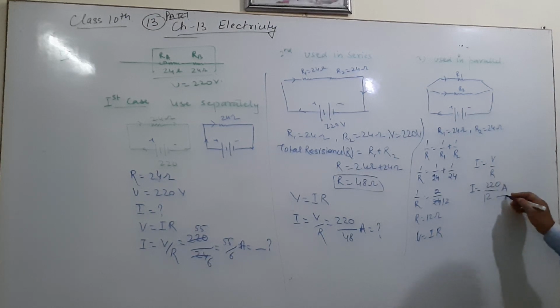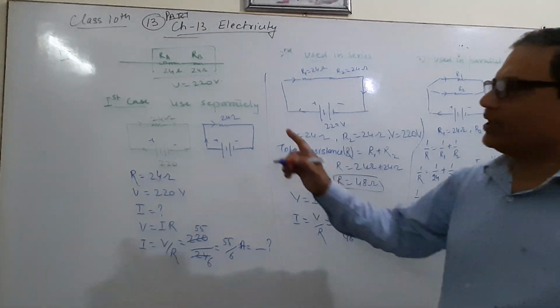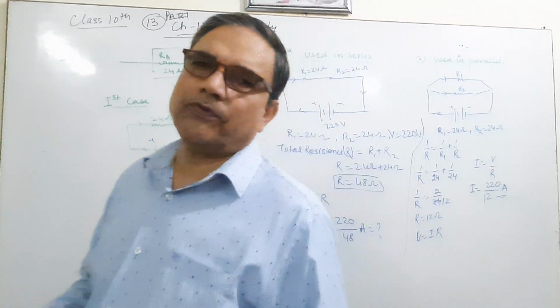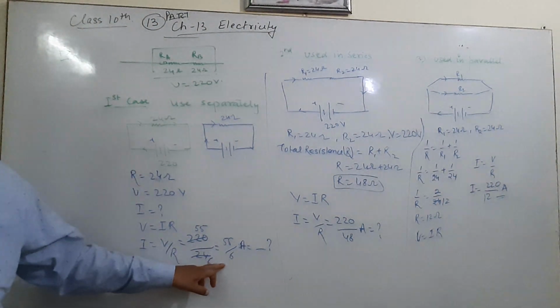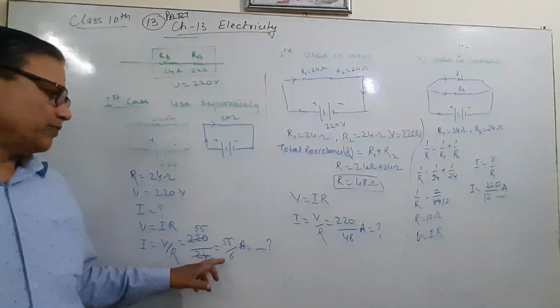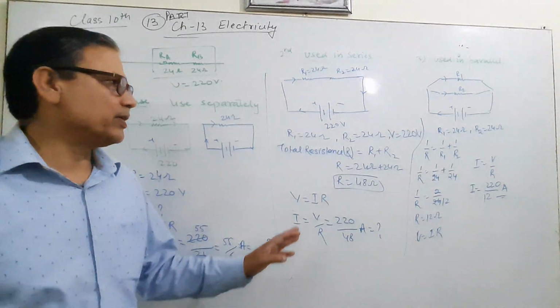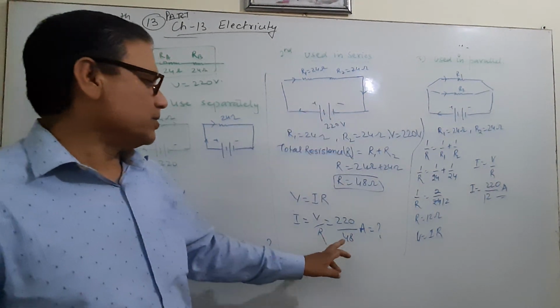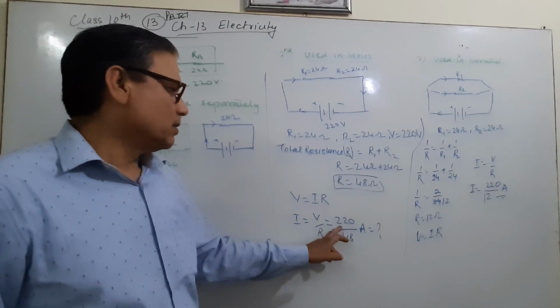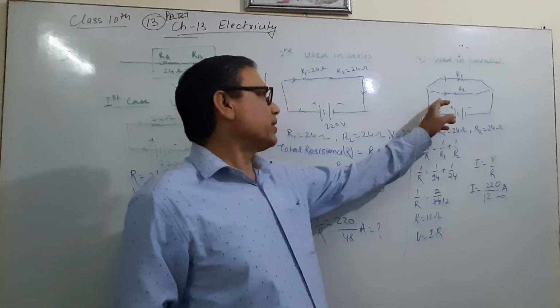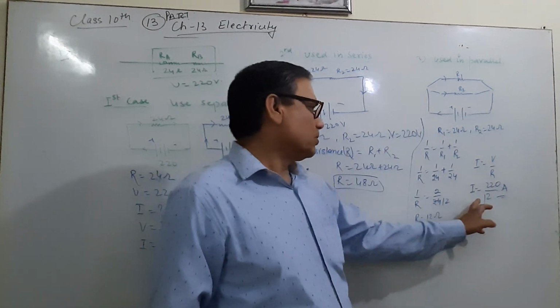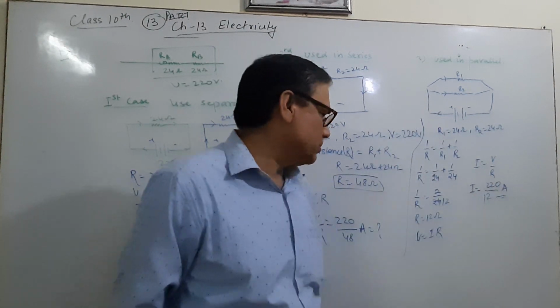This is in ampere. It means when the two resistors of 24 ohm each are used separately, the amount of current in each resistance is 55 upon 6, and you have to simplify. If they are connected in series, the total current is 220 upon 48, and when connected in parallel, the total current is 220 upon 12.